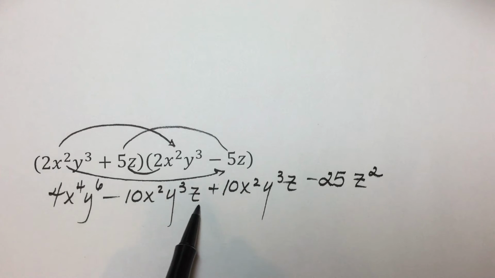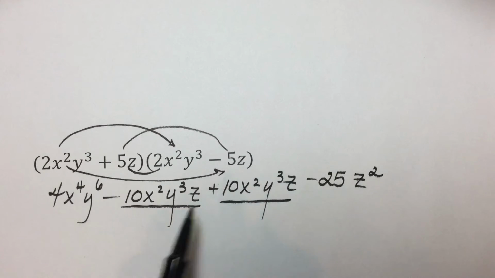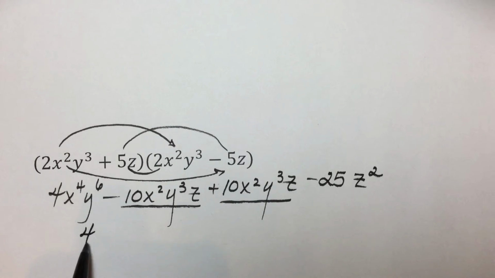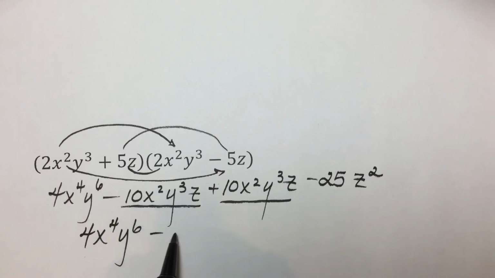When we simplify, these two terms cancel out. They're additive inverses, resulting in 0, leaving our first term and our last term. This is the difference of squares.